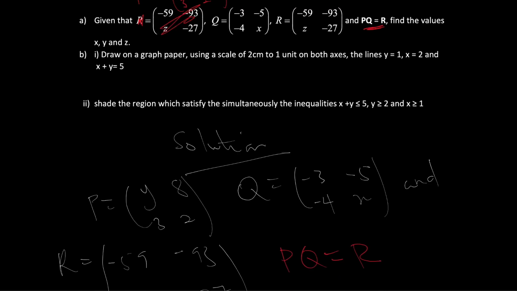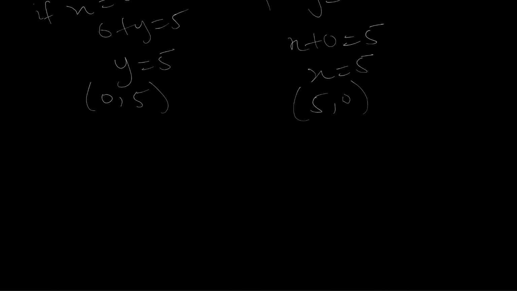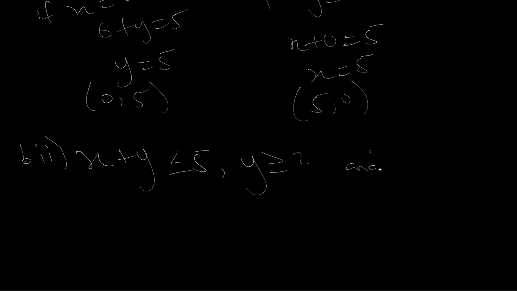So we have the lines. So for BII, we have the lines x plus y is less than or equal to 5, y is greater than or equal to 2, and x is greater than or equal to 1.